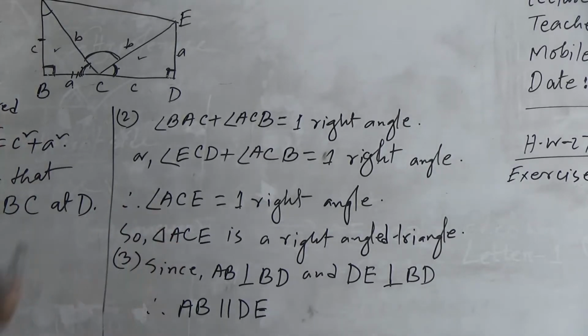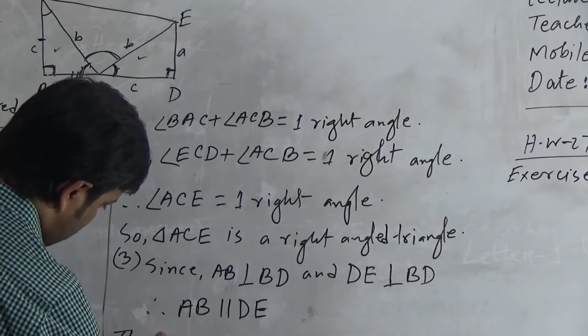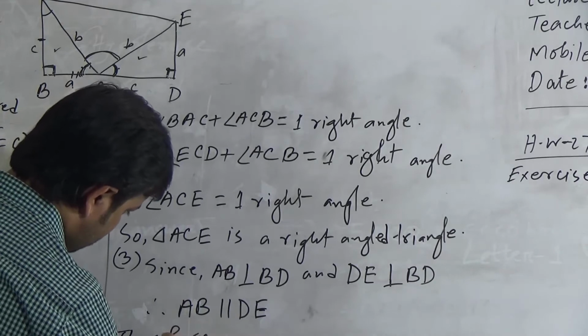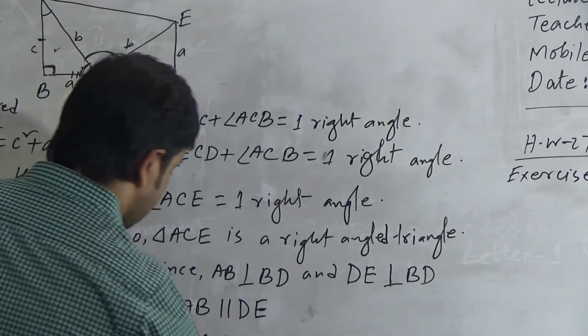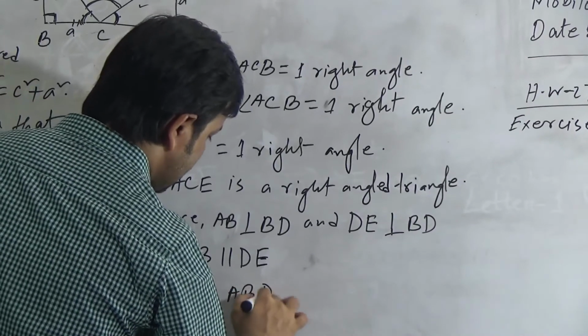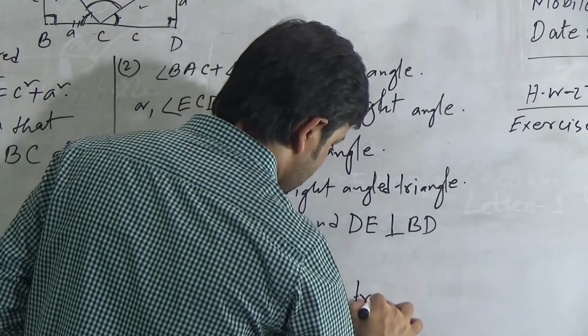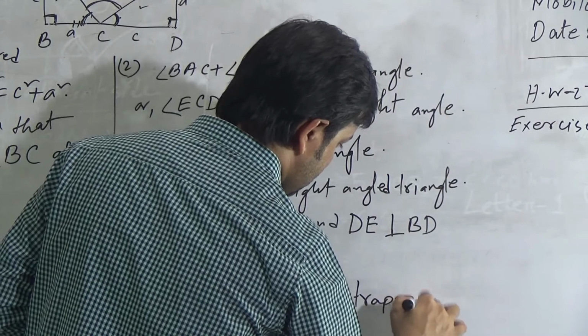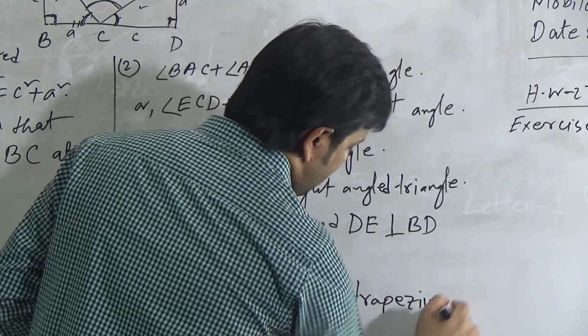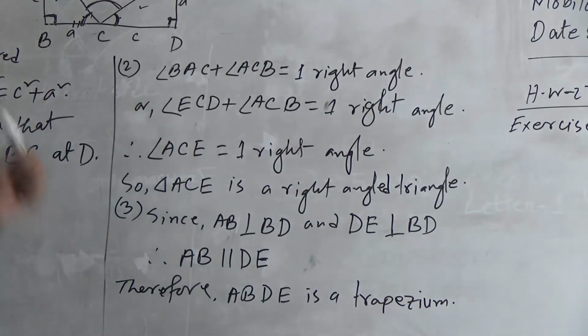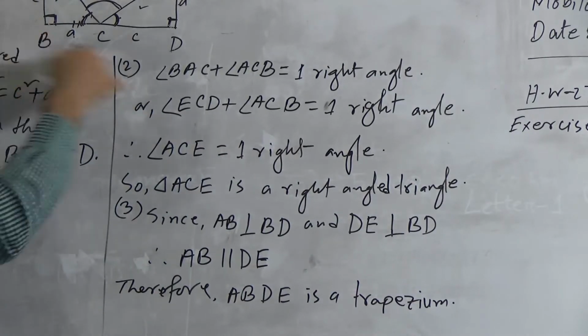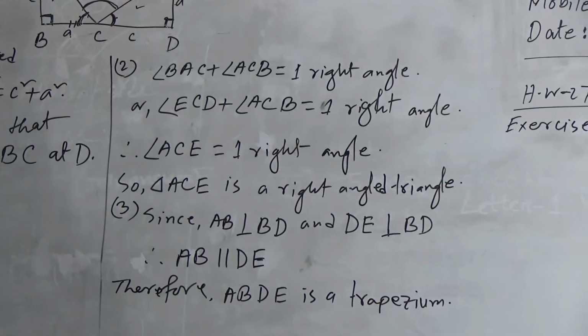So we can say the quadrilateral ABDE is a trapezium. Now we have proved ABDE as a trapezium.